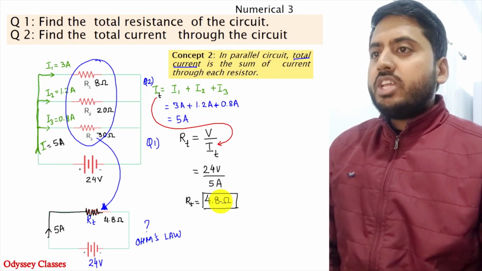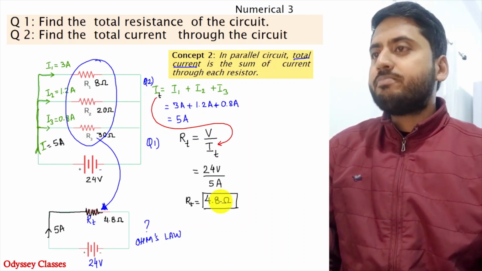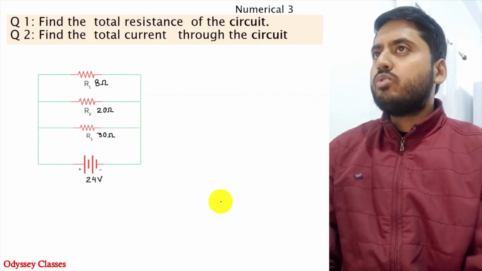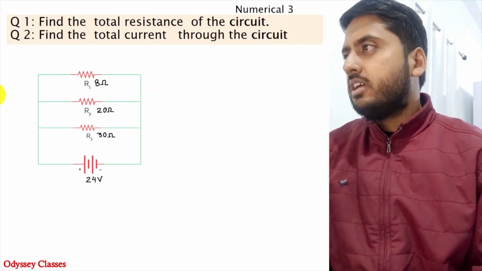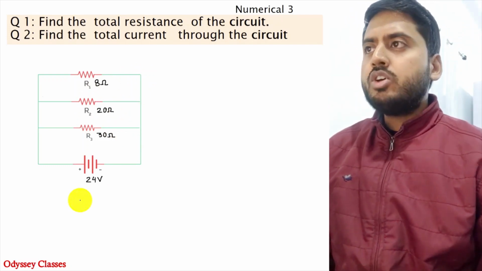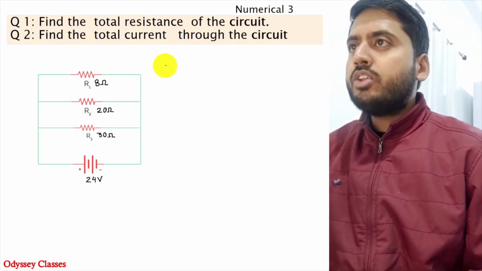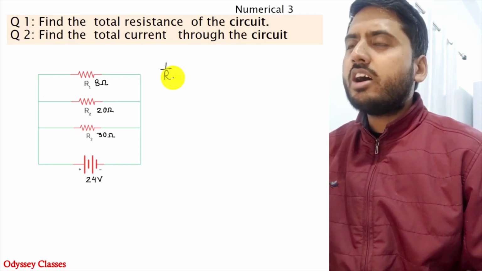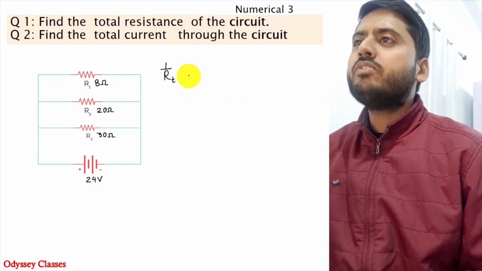Okay, now there is another way to solve total resistance. So what we can do directly, if you don't want to use any of the formulas that we have learned right now, this is a basic formula we know, 1 by R. I can call this as RT or RP. Let me call this as RT only, for R total.